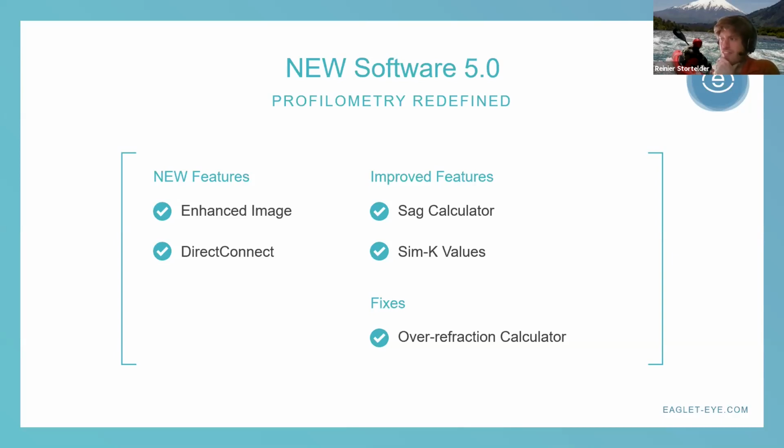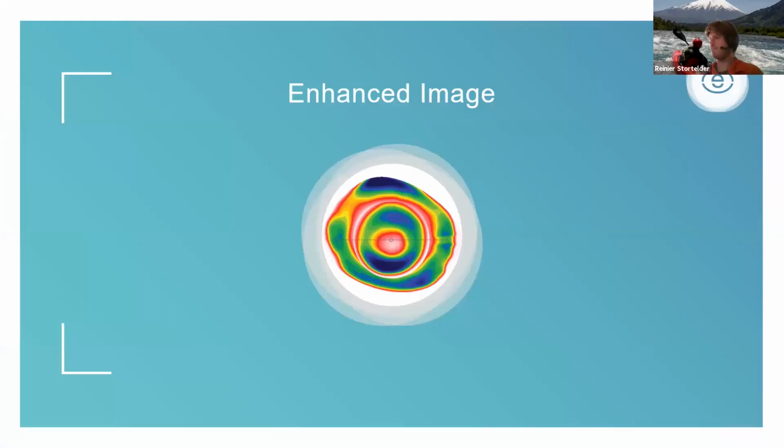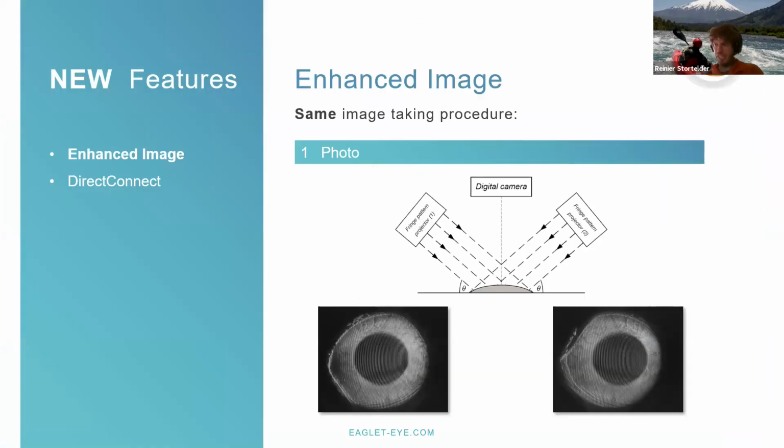Besides that, we have improved a couple of features, and there was one fix that we made. So let's go over all the steps. To explain what we changed in the algorithm, I will go over how the algorithm works. Our technology is called PROFILOMETRY, but the full name is Fourier PROFILOMETRY.